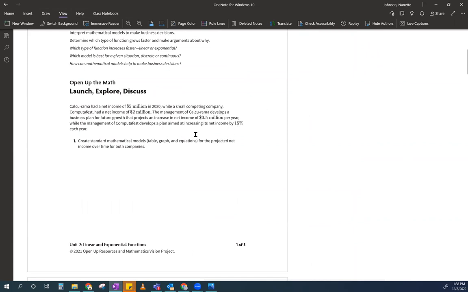How is Calcurama increasing versus ComputerFast? Yeah, very good. Someone said it in the chat. One is arithmetic and one is geometric. Exactly. What is Calcurama? Arithmetic or geometric? Very good. Calcurama is definitely arithmetic.